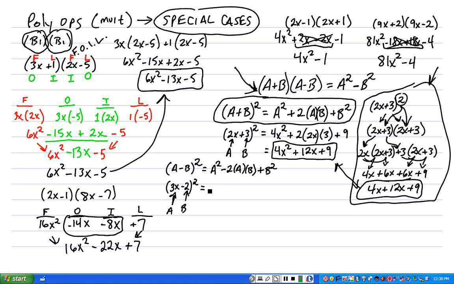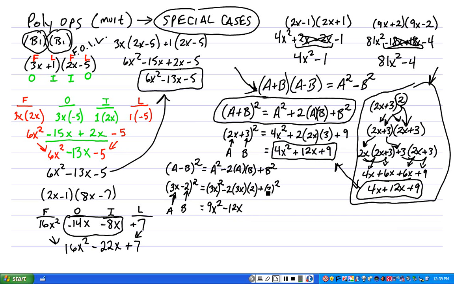So you would simply say the answer is going to be whatever the first term is squared. The first term, the a, we said is 3x, so that's squared, minus 2 times whatever a is, and we said a is 3x, times whatever b is, and we said b is 2, plus b, which is 2 squared. 3x squared equals 9x squared. 2 times 3 is 6. 6 times 2 is 12, so minus 12x.